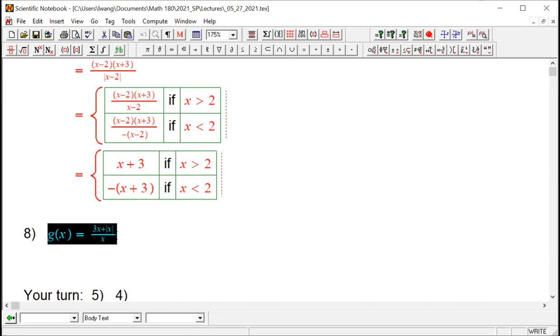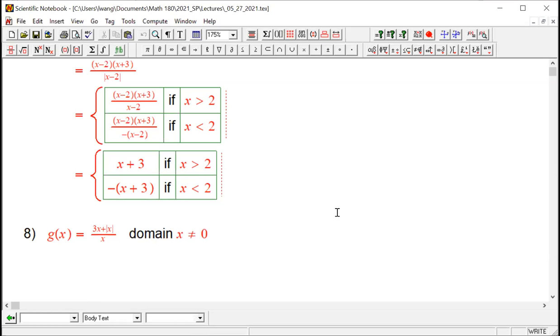Anybody try number 8? So the first thing we are aware of is the domain. x cannot be 0. Everything is operated in the domain.